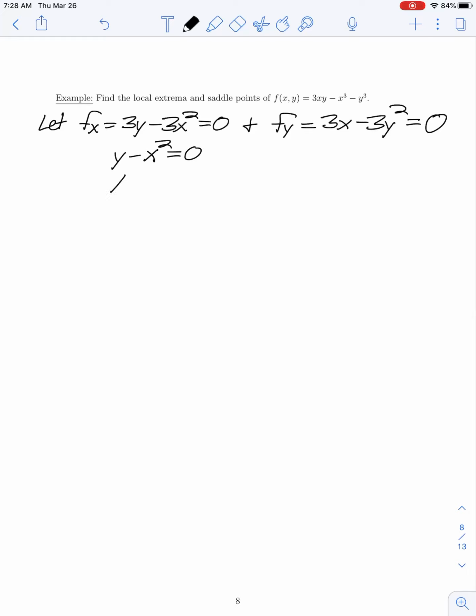From our first equation, if we divide through by 3, we have y minus x squared is 0, or y equals x squared. And in our second equation, we have x minus y squared is 0, or x equals y squared. There are a few ways that we could go about solving this system of equations.